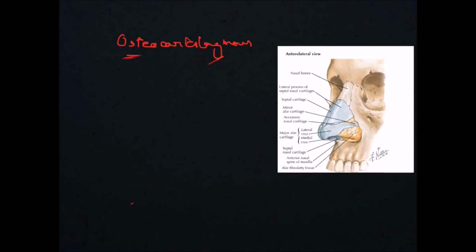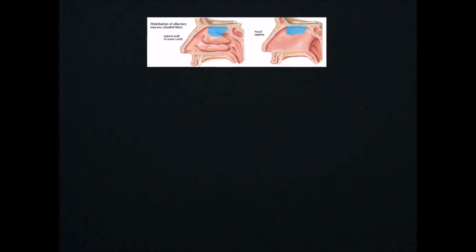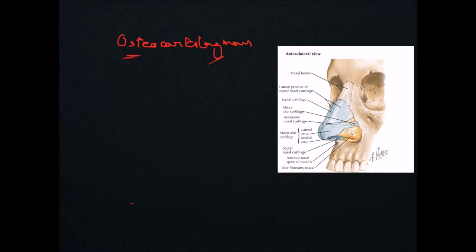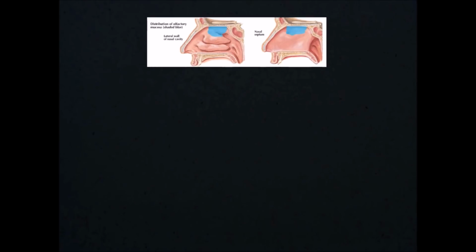Now we will deal with the internal nose. The internal nose is present like this. There is a medial wall, or the septum. The nasal septum divides the internal nose into two nostrils.